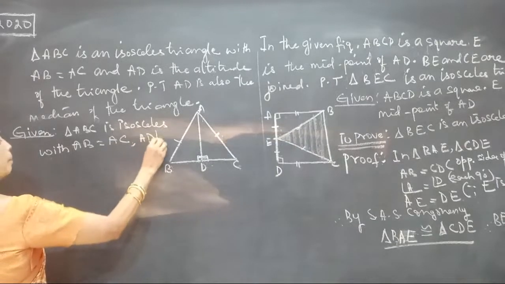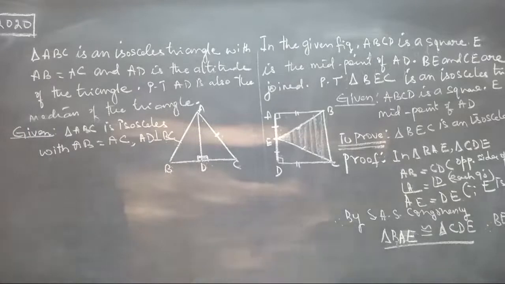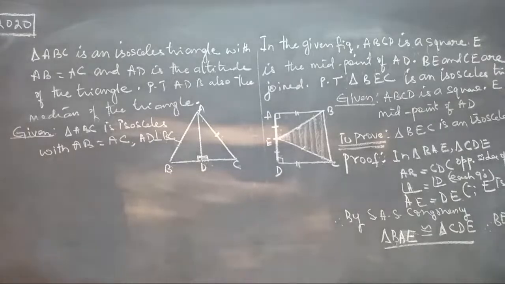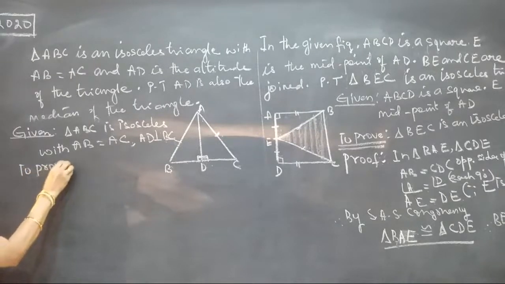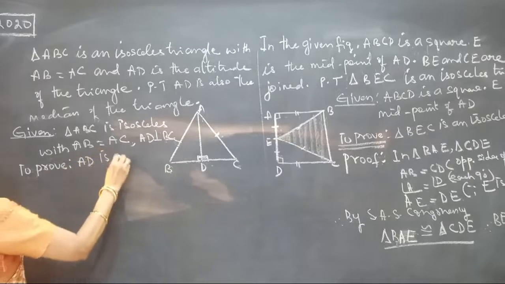AD perpendicular to BC. Altitude means it is perpendicular to the base. We have to prove the altitude is a median. To prove, AD is a median.